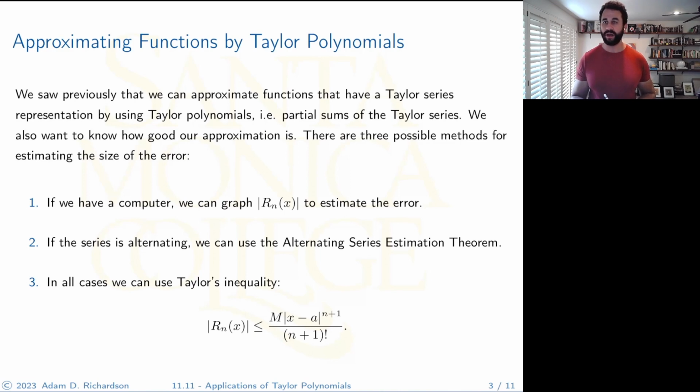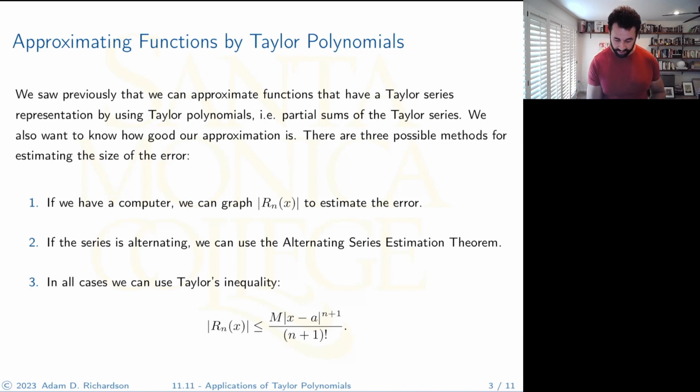We also want to know how good our approximation is. This has been a constant question since even Calc 1 or even pre-calculus. Hopefully your instructor was emphasizing the difference between approximations and equalities because that's like a core of calculus. So we want to know how good our approximation is when we're using a Taylor polynomial to approximate. And we've got three possible methods for doing so.